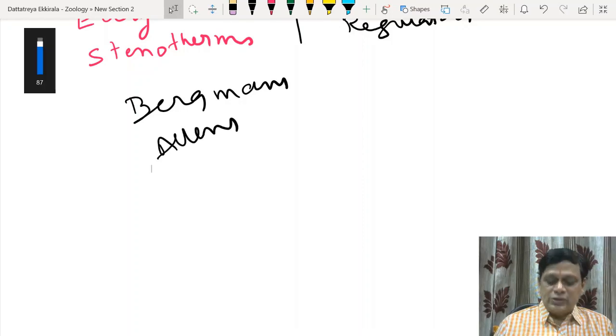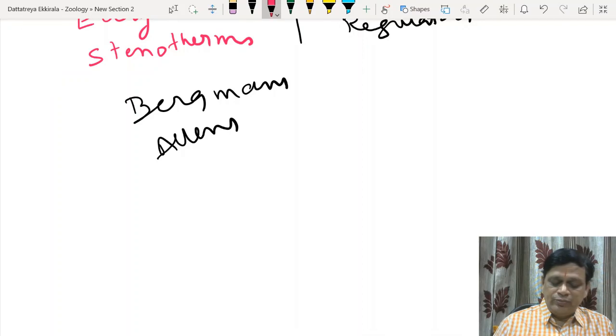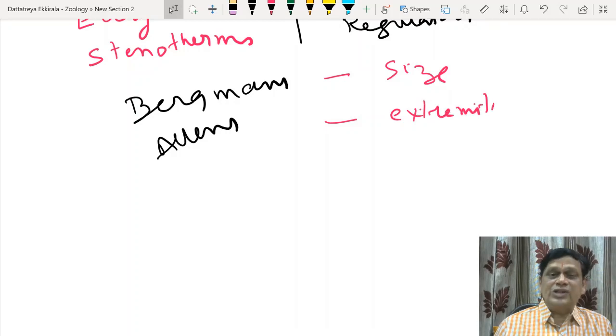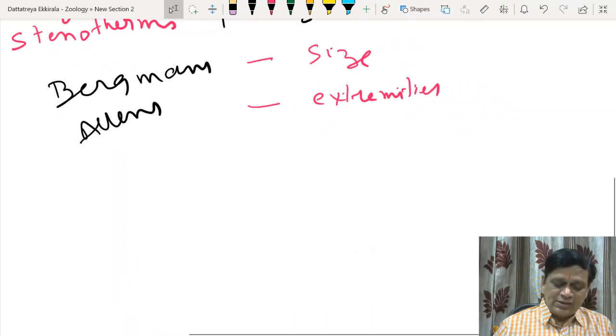Bergmann's rule is related to the effect of temperature on size, and Allen's rule is related to the effect of temperature on extremities like pinna. So extremities are larger in warm areas, smaller in colder areas. So that is about two important rules.